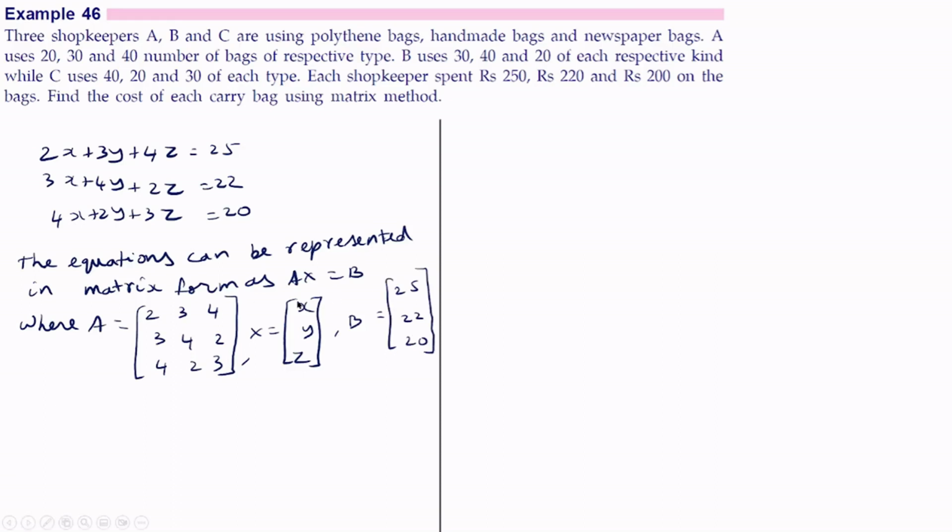So from this we can find X as A inverse into B. So for that first we have to find A inverse. So we have to check whether A is singular or not.